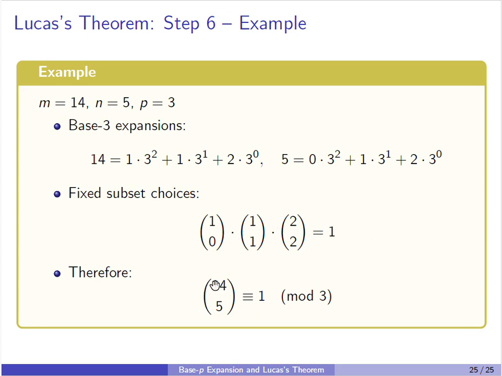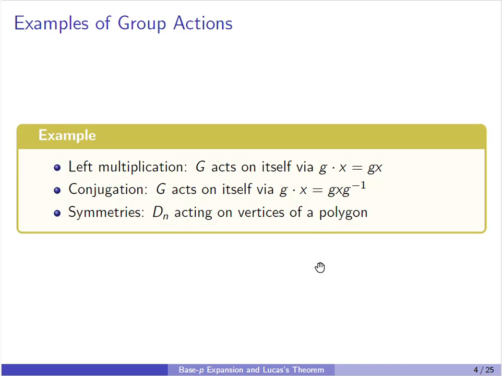So this answer, 14 choose 5, is equal to 1 mod 3. And of course, you can check this with your calculator. You can just compute 14 combination 5, and you see that the answer is indeed 1 mod 3. Okay, so that's how this works.